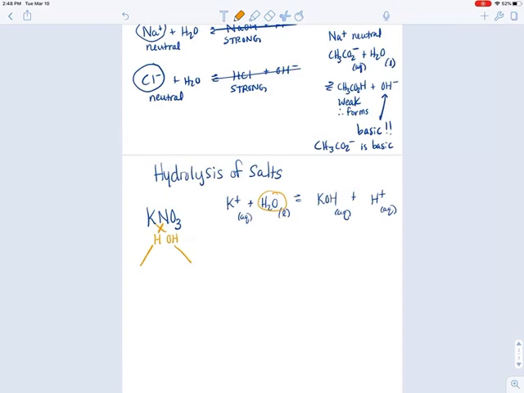So this is a shorthand way to determine what you would form upon hydrolysis.